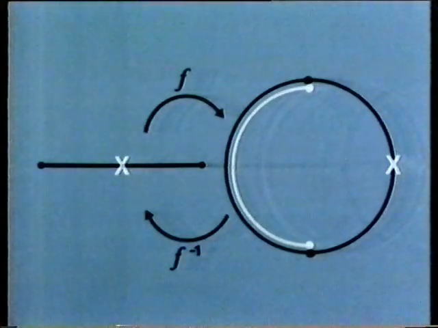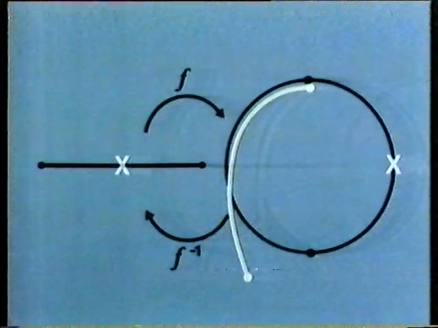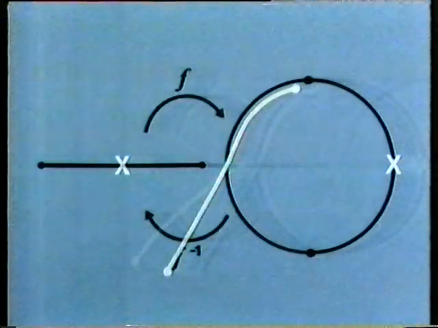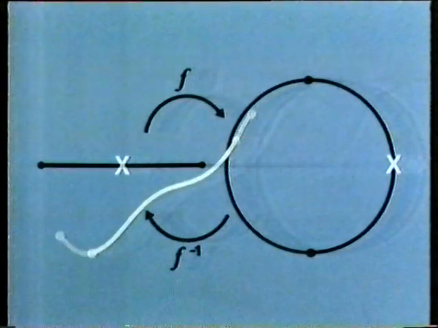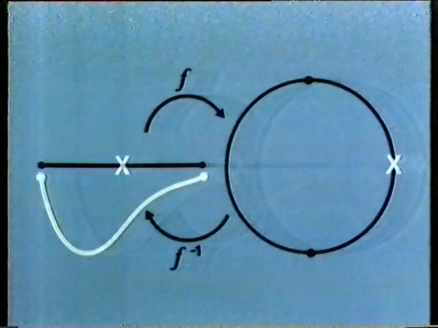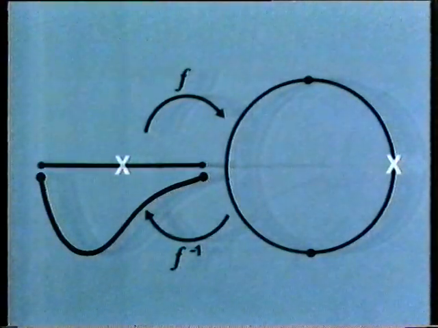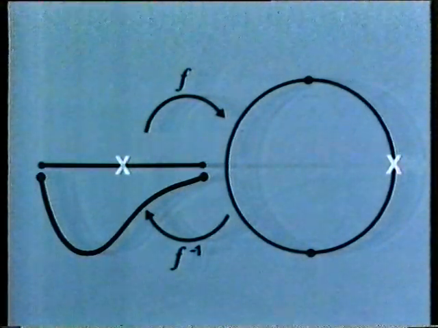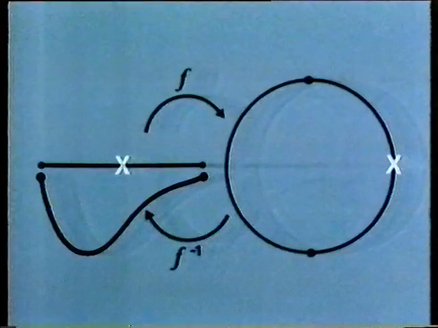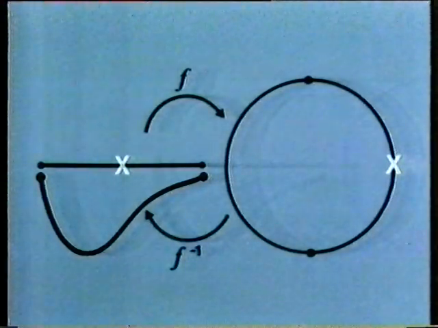Composing with the inverse of f, we get a path in the interval which also misses the point removed. But that contradicts the intermediate value property. Any continuous path between the endpoints must cross all points in between. So there can be no homeomorphism.